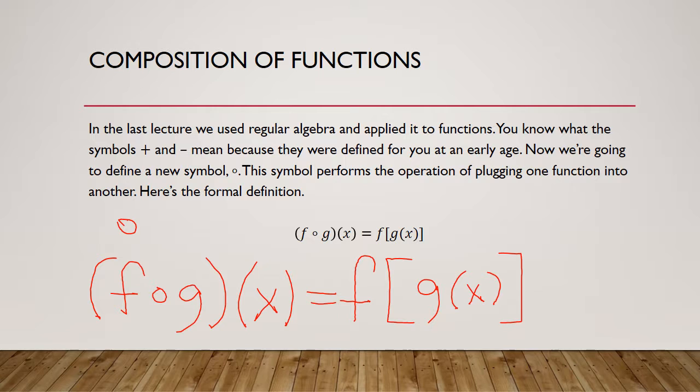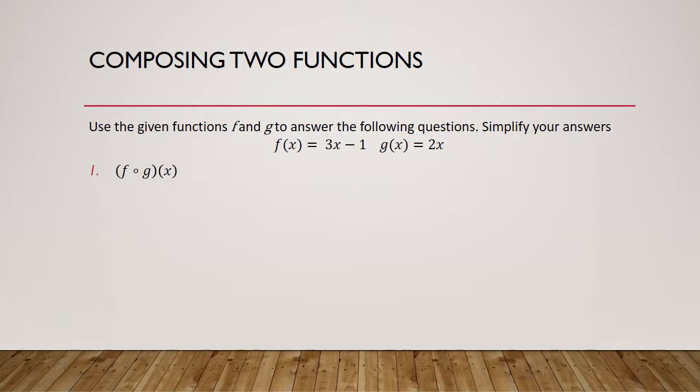So now I'm using these big square brackets so you can see that this is function notation inside of function notation. So the input that we're going to put into the function f is whatever the function g, whatever rule that is.